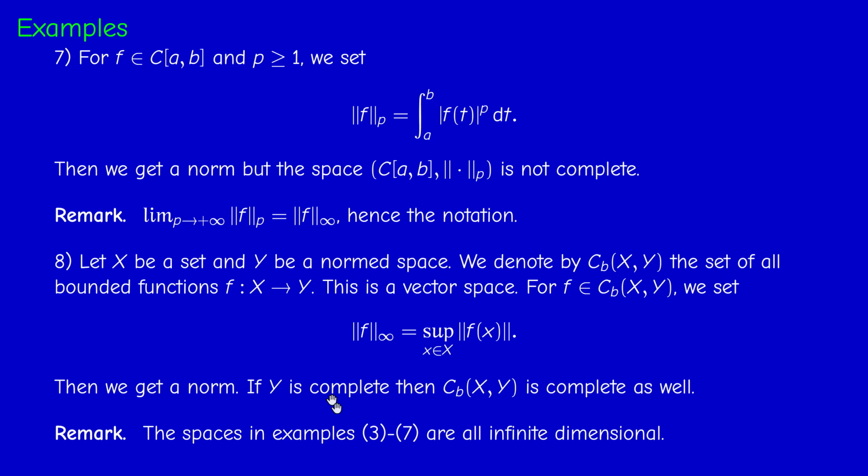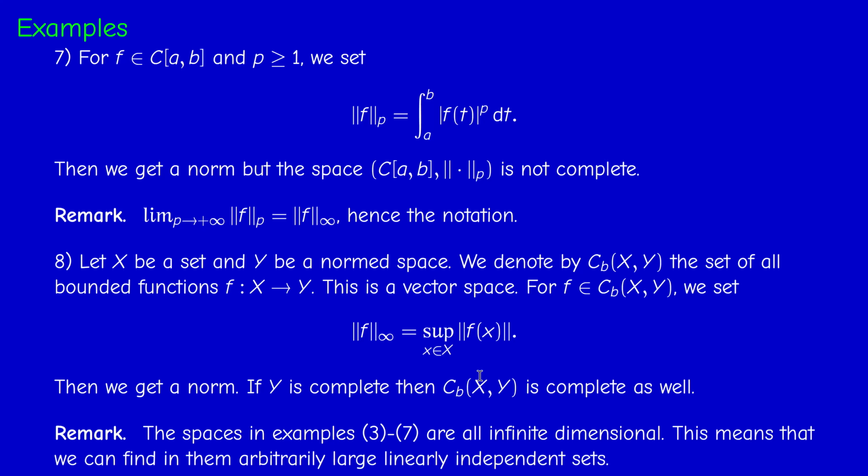And as I mentioned before, all the spaces in examples 3 to 7 are infinite dimensional. Which means that we can find in them arbitrarily large linearly independent sets. Now, I shall not dwell on this notion of infinite dimensionality because we shall review it next year.